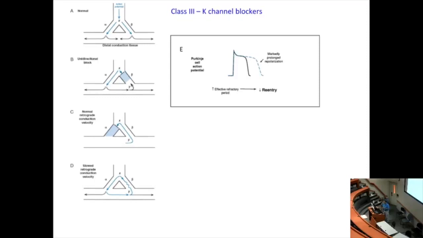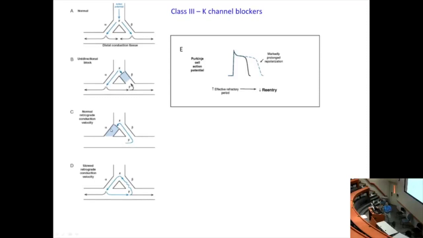So if you look at this, you can see how a potassium channel blocker, a class 3 antiarrhythmic, might really help. Because what's happening is you increase the refractory period in this alpha branch. And so even though the propagation back up this beta branch might be slow, if you can keep the alpha depolarized for long enough, it'll come back around and it'll hit this alpha branch while it's still depolarized.